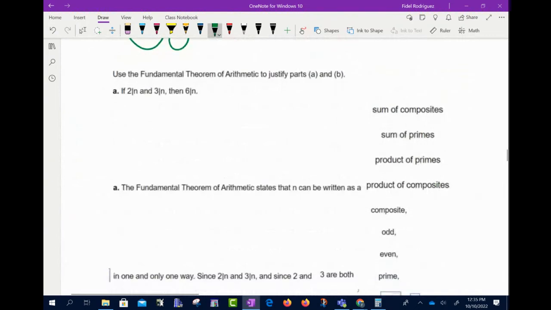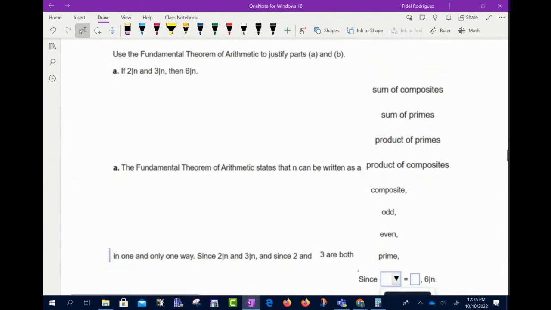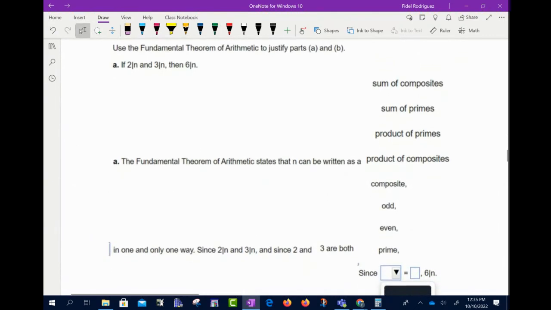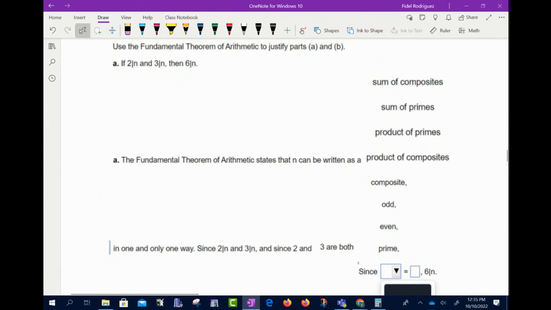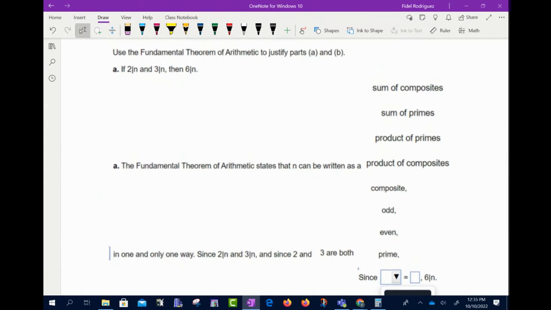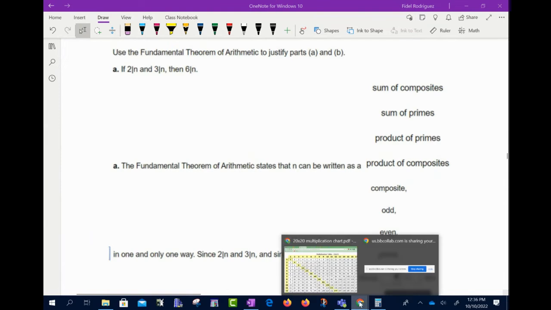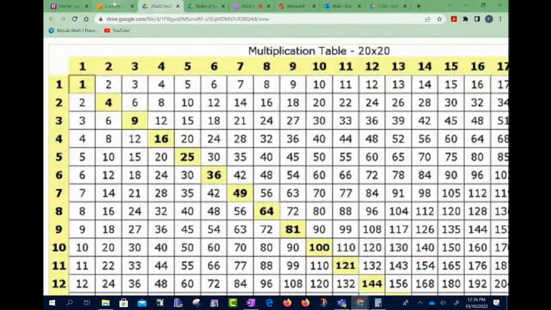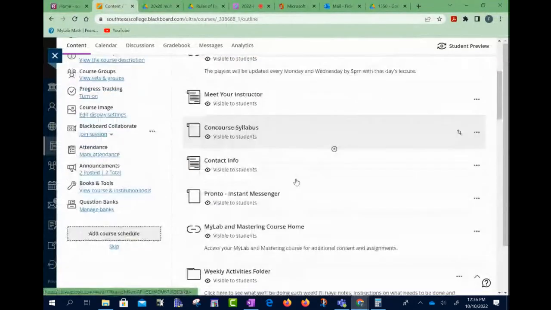Okay, so let's see. On this next problem here, y'all, it says use the fundamental theorem of arithmetic to justify parts A and B. Okay, so all this right here is saying, and actually, guys, I'm going to do it this way. I'm going to come back to my Blackboard page, and I want to click on the actual assignment.